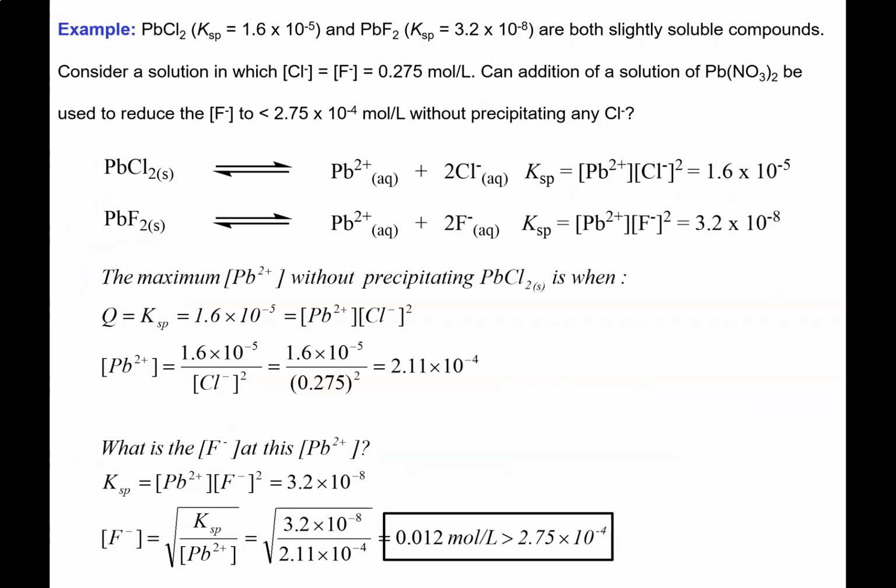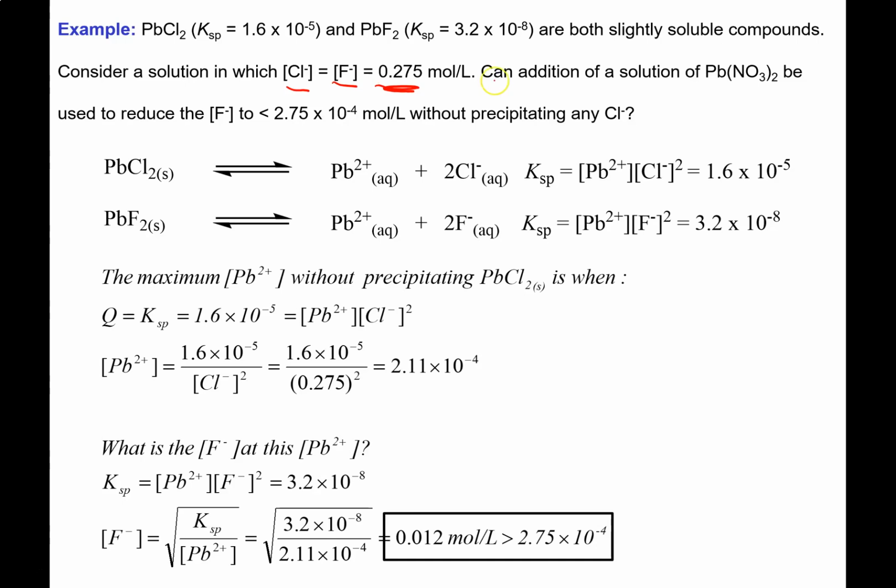So here's an example problem of doing that. It says lead chloride, and lead fluoride, are both slightly soluble compounds, and they give you the Ksp. Then it says, consider a solution in which the chloride ion concentration equals the fluoride ion concentration, and the concentration of both components is 0.275 moles per liter.